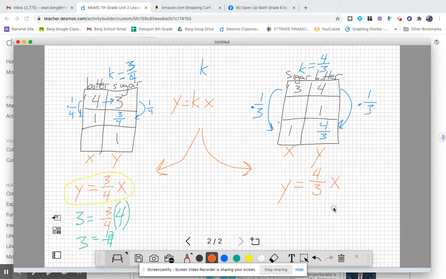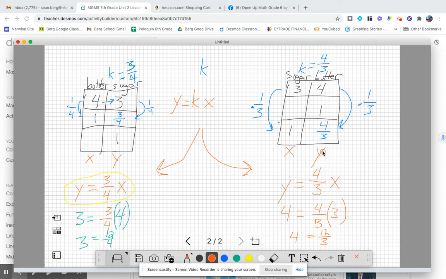And this is true. If I plug in x for sugar, which is 3, my computer's running a little slow, is 4/3 times 3 equal to the y value, or the butter, of 4? Well, yes, because 4/3 times 3 is 12/3, and 12/3 simplifies to 4.